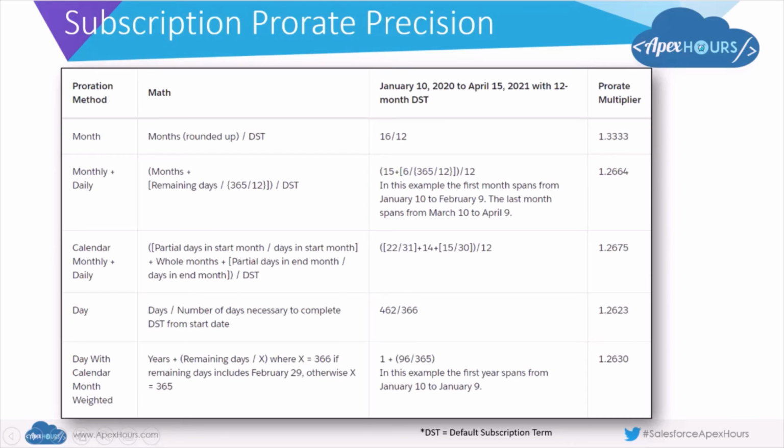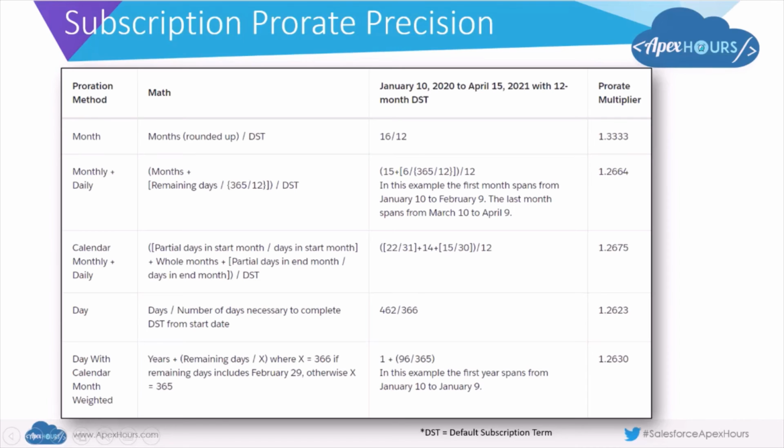The next one is the daily calculator, the proration method. So this is obviously a very fine level of calculation. It calculates days divided by the number of days necessary to complete the default subscription term from the start date. Since this is a 12-month default subscription term that starts on Jan 10th, the number of days it requires to complete is the number of days in 1 year, which, if you pay attention, includes Feb 29th of 2020 because 2020 is a leap year.